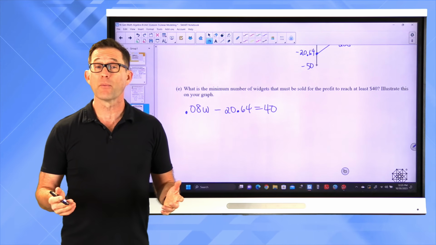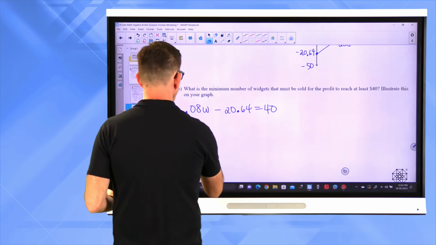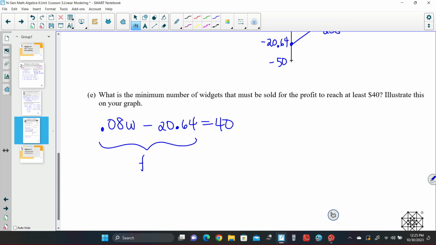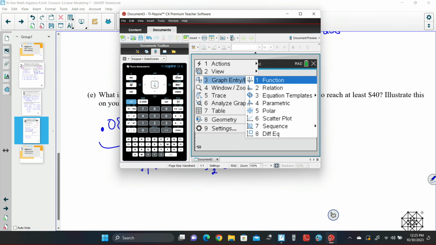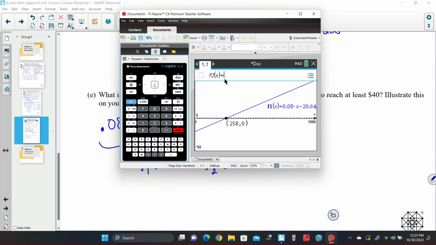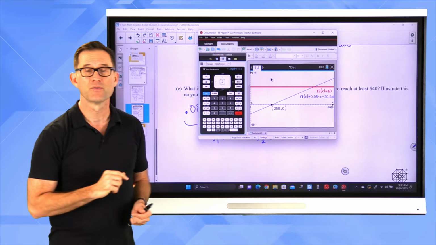All right, well remember, to solve something graphically, what we want is this one in f1 of x, and we'll put this one in f2 of x, and we'll find out where they intersect. So I'm going to go into menu, graph function, f2 of x. I'm going to have my constant function. There it is, right?